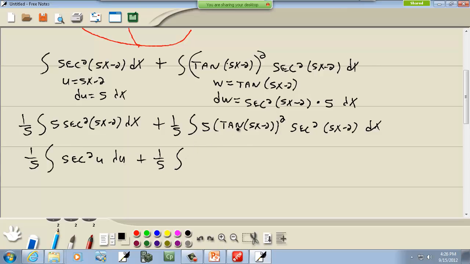On this one, we're going to replace the tangent 5x minus 2 with u, so this becomes u squared du. du is the secant squared 5x minus 2 dx. All that red gets replaced by dw. Of course, it'd help if I actually used the w's. Try that again. This would be w squared dw.